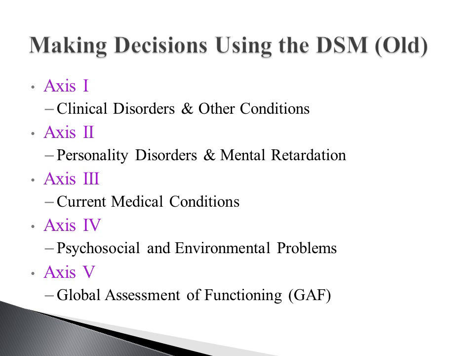The GAF score, as it was called, was a rating on a scale of 1 to 100 in which clinicians rated the level of functioning of the client.